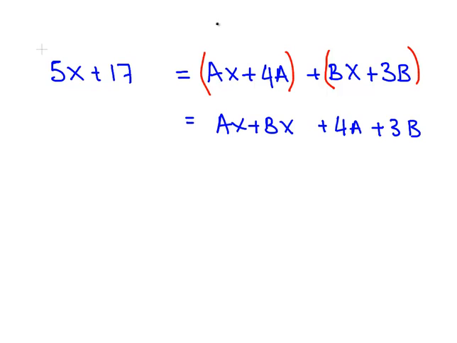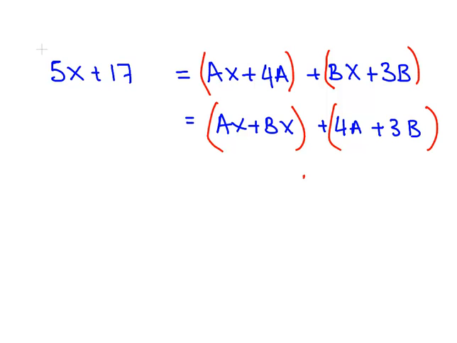I'm going to have all the terms that have x, so we have ax plus bx, and then the other terms that don't have x, 4a plus 3b, and we group them together. So, ax plus bx plus 4a plus 3b.